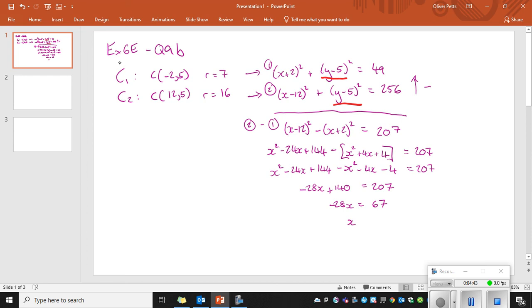And then divide through by negative 28, not the nicest division in the world. So it's going to give us 67 over minus 28. With the minus in front of the 28, you can just pull it to the front, so it's in front of the whole fraction. So negative 67 over 28. Sadly, it can't be simplified. It's not the nicest fraction in the world, but that is what we're going to end up with.